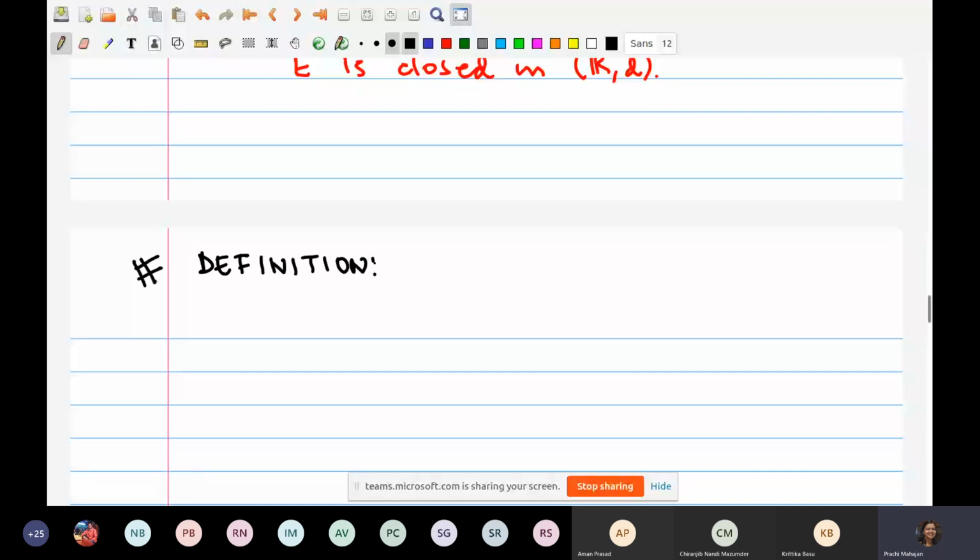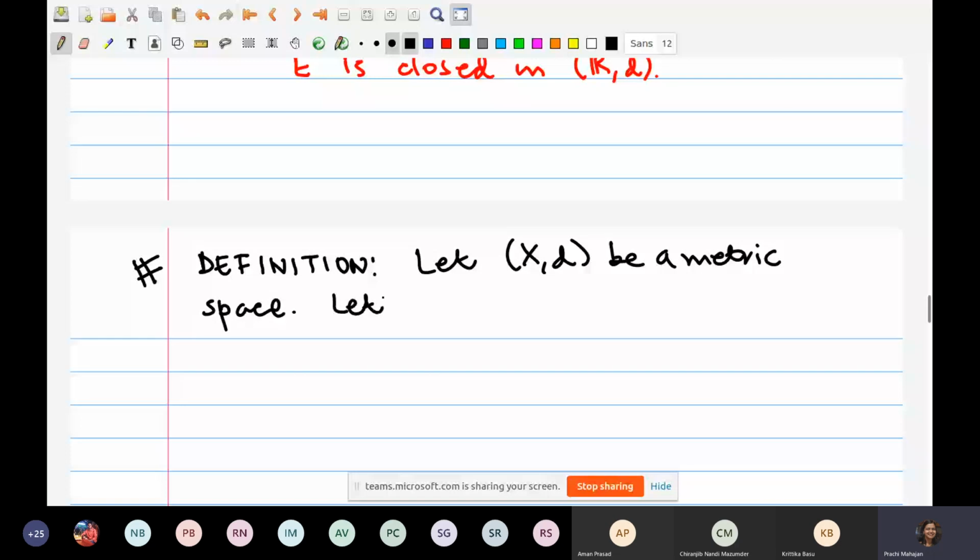So again, let (X, d) be a metric space, and let's consider a subset E of X.